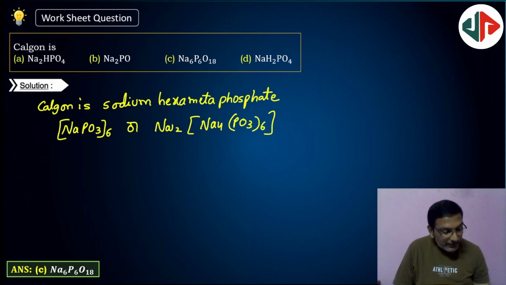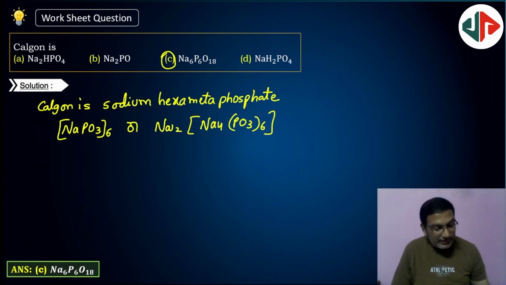So therefore, we can write Na6P6O18, option C. It can be used to remove permanent hardness of water, Calgon's process. Next.